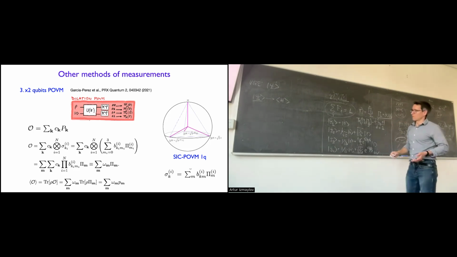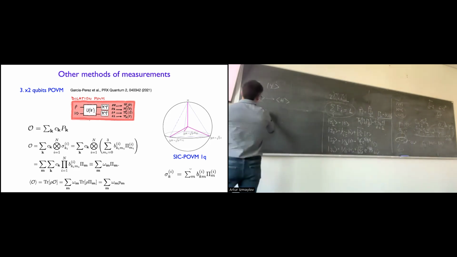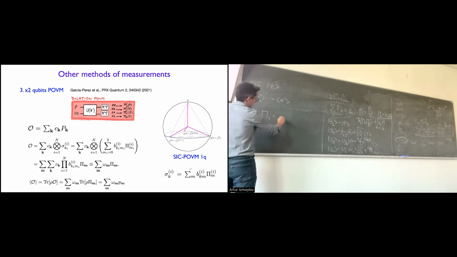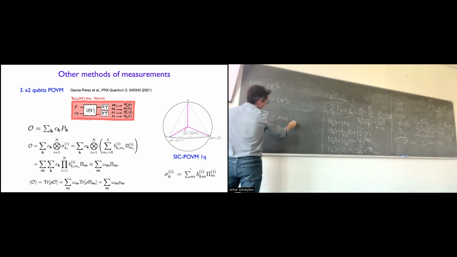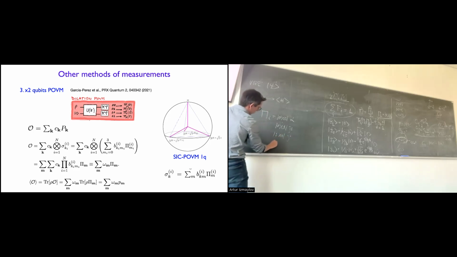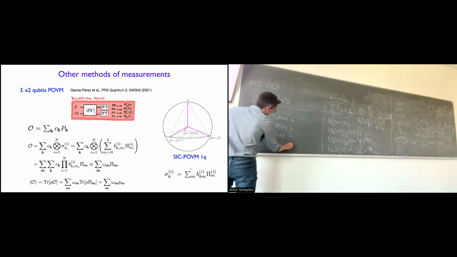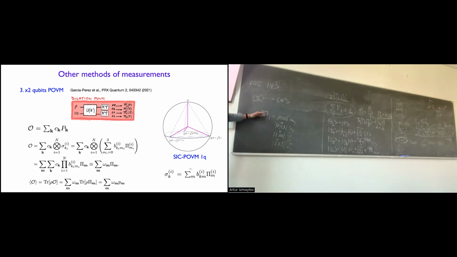For every projector, we get |0><0| with some coefficient alpha, then |0><1| with beta, |1><0| with gamma, and |1><1| with delta. So we get the sum of these, depending on i. Do I need one ancilla per qubit? That's right, so I double the register.